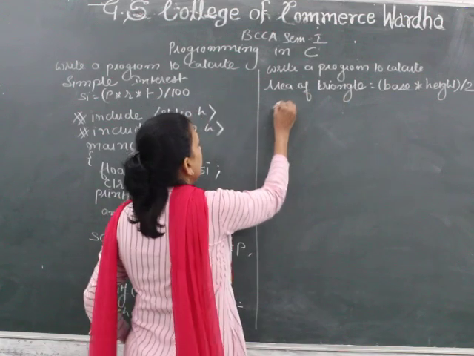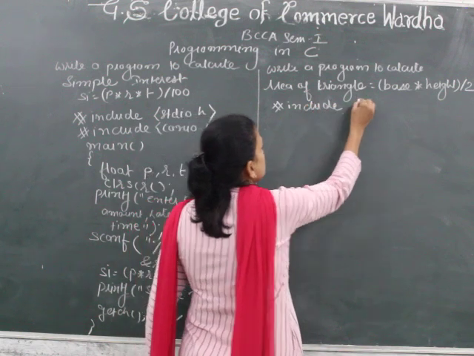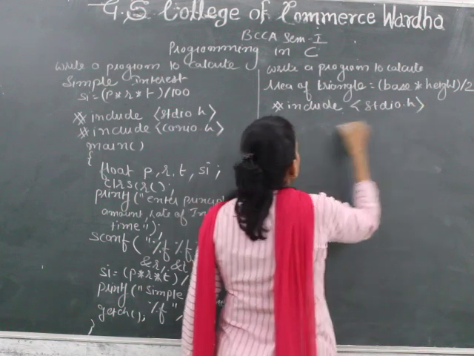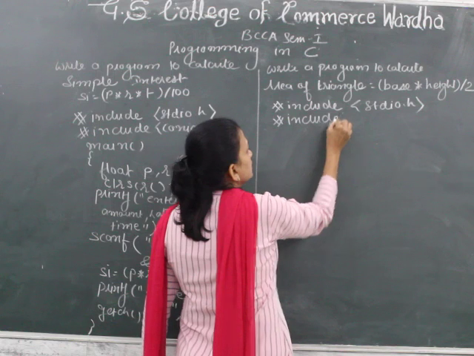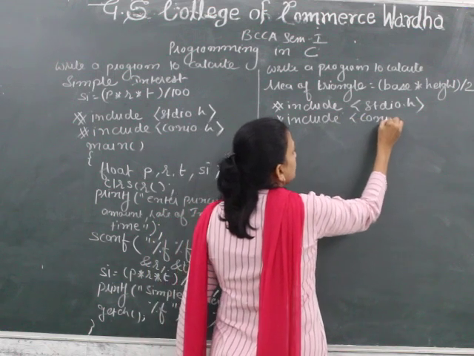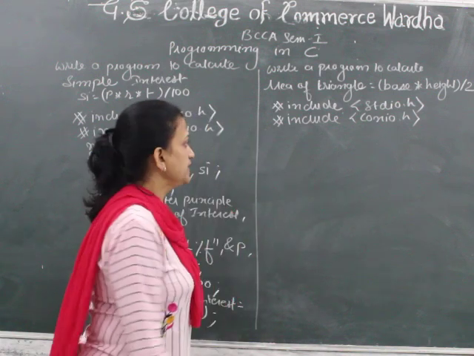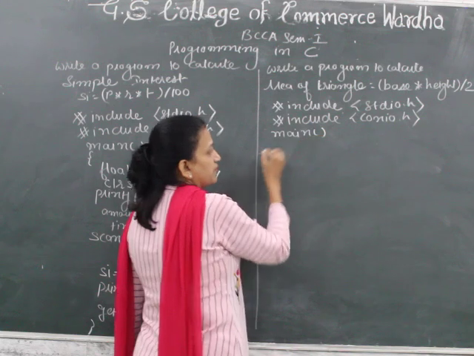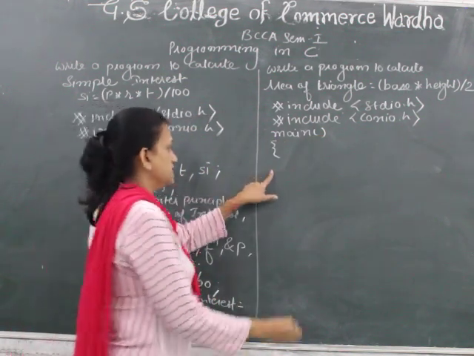So here again we are using two files in the link section, that is stdio.h and #include conio.h, the console input and output header file. Every program must be written in a main function, with an open curly brace after this.